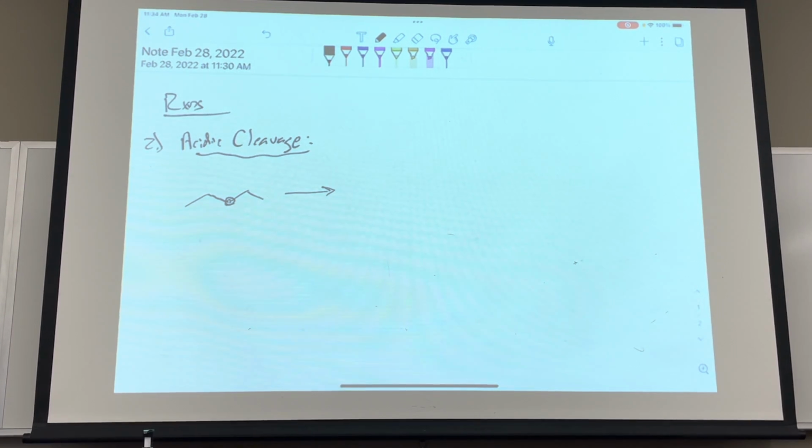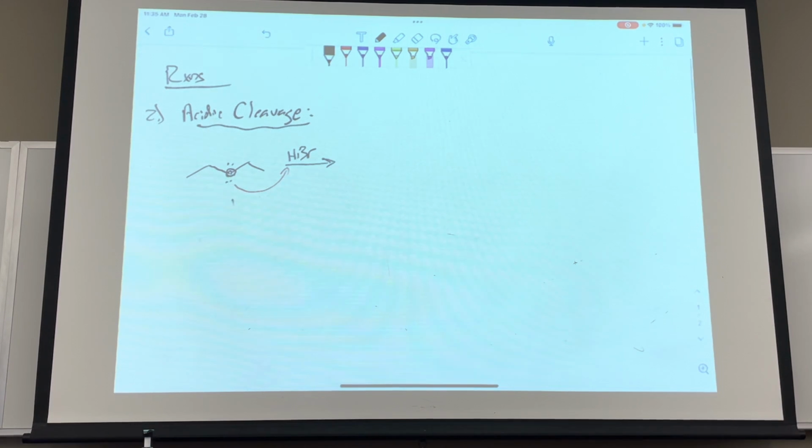But what can occur is, as you might guess, under these extremely strong acidic conditions, the oxygen of the ether is going to go and grab the proton. And what that will do is the same thing it does anytime you protonate an oxygen.